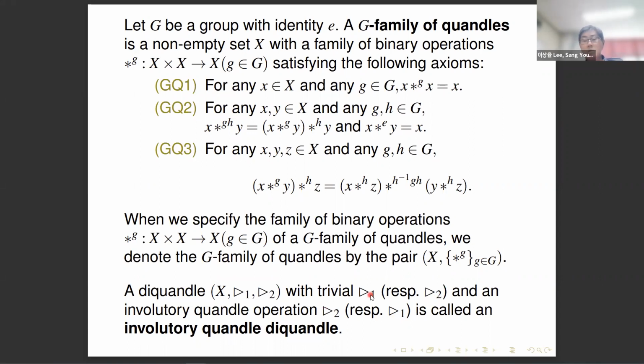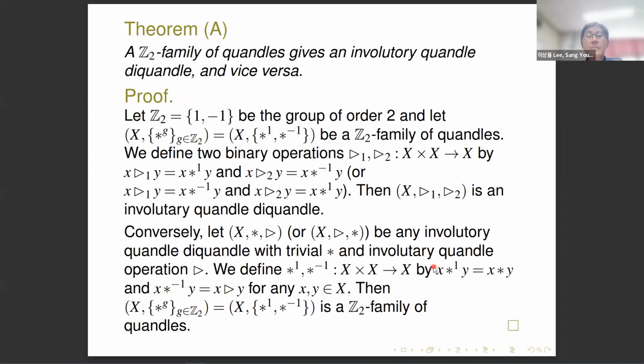Actually, one of these two is the trivial operation, so this diquandle is nothing but the involutory quandle. So we call it the involutory quandle diquandle. Then we have this theorem: a G2 family of quandles gives an involutory quandle diquandle, and vice versa.